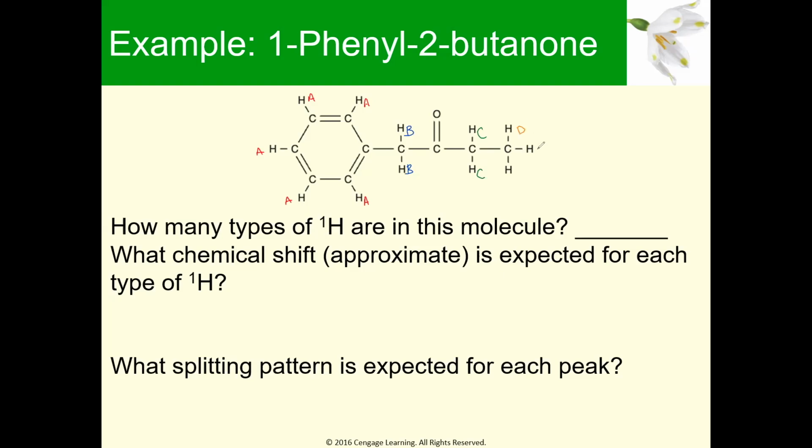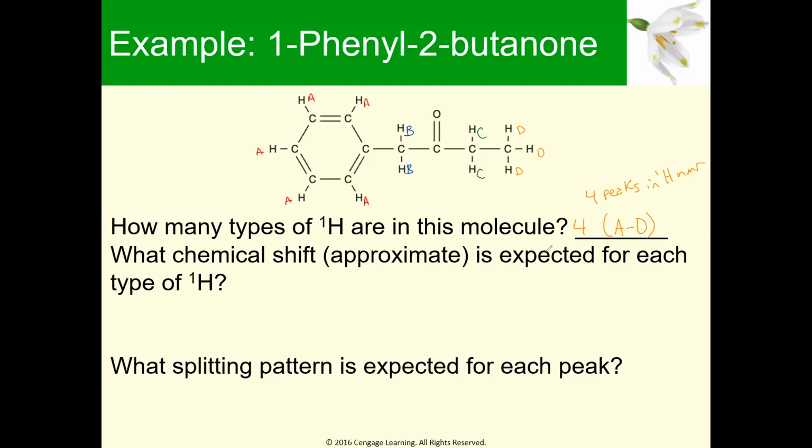So we'll call those hydrogens D, HD, HD, HD. What that means is there are 4 types of hydrogens in this compound, and so we expect to see 4 peaks in the proton NMR spectrum. When we decide how many types of hydrogens there are, that's how many peaks we expect to see in the spectrum.